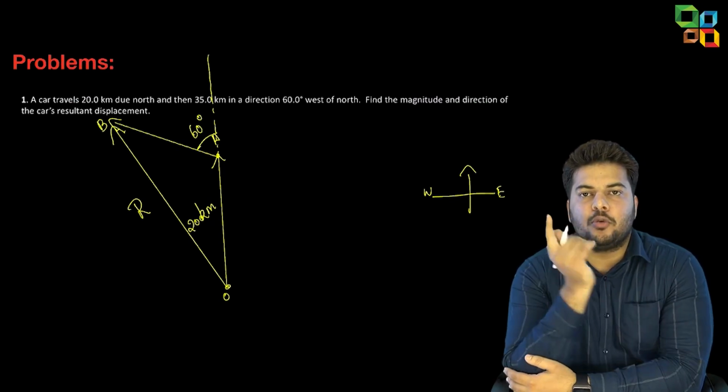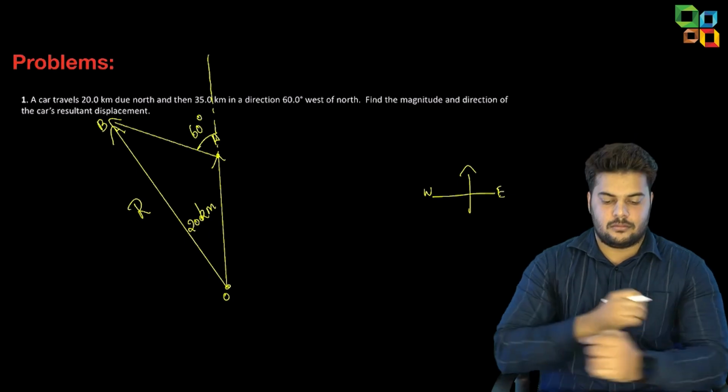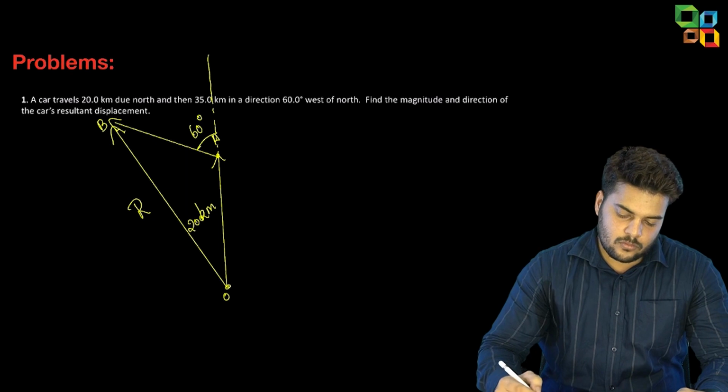Because we have one tool in the toolbox, isn't it? What is that? The Pythagorean theorem. To apply it, we'll need a right angle triangle, which we don't have. Can we get it? It depends on the angles. If angle B and O are equal, then yeah.